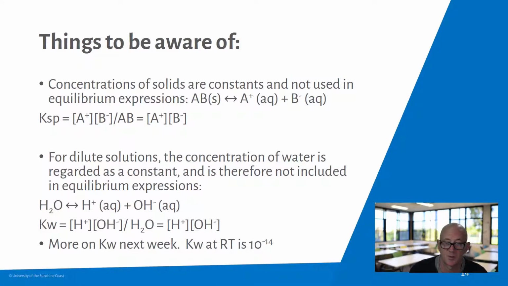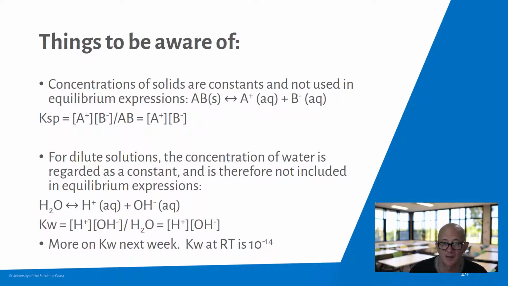Here's an example where we have solid AB, which ends up dissolving in water to produce A plus aqueous and B minus aqueous. AB could be sodium chloride, for example, and you end up with sodium ions and chloride ions. There's a thing called the solubility product constant, which is basically an equilibrium constant for how soluble ionic solids are in water.